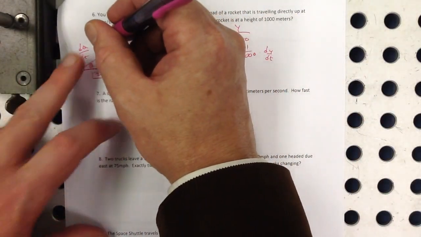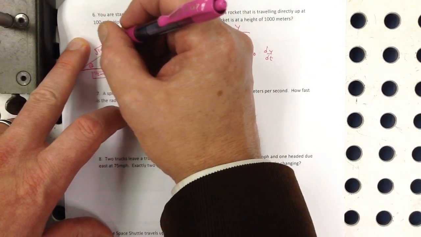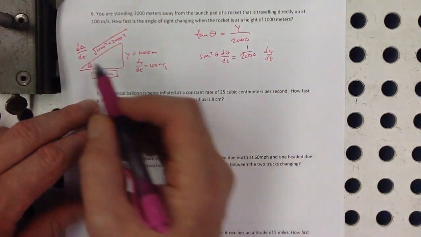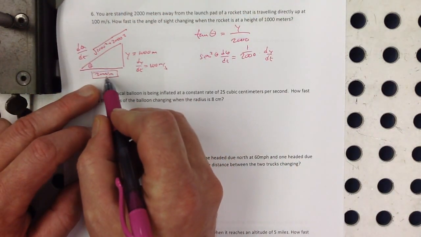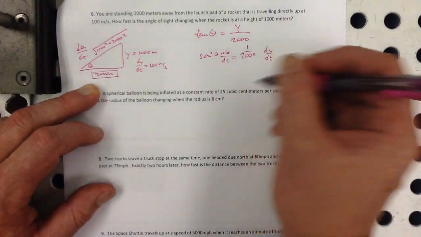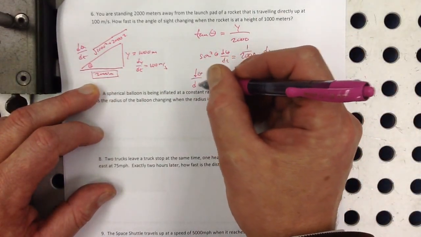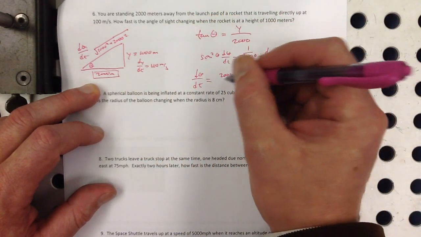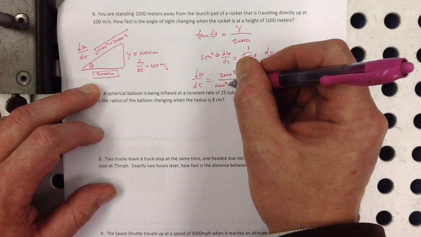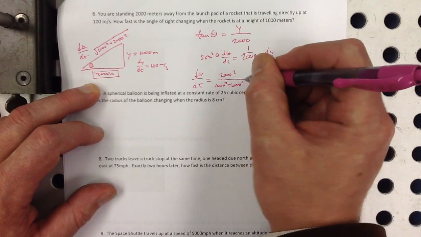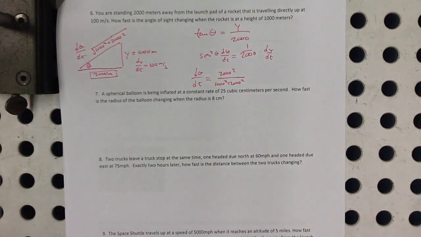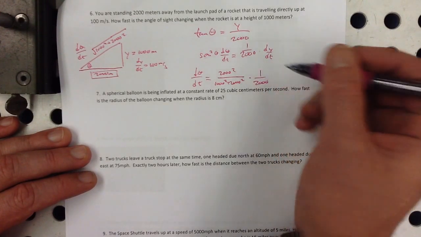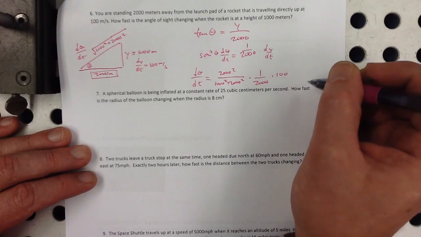For that, I would like to know the value of the hypotenuse. So cosine theta is equal to 2,000 over that. When I square that, that gives me 2,000 squared over 1,000 squared plus 2,000 squared, adjacent over hypotenuse squared, multiplied by 1 over 2,000 times dy/dt, which is 100.